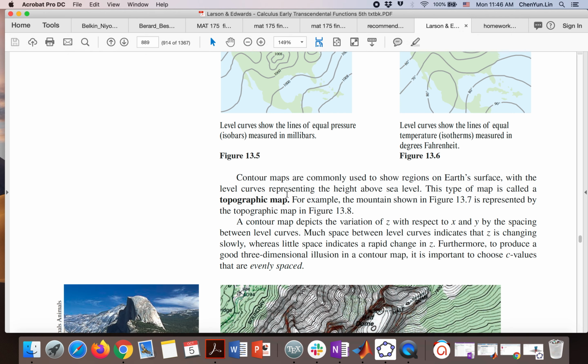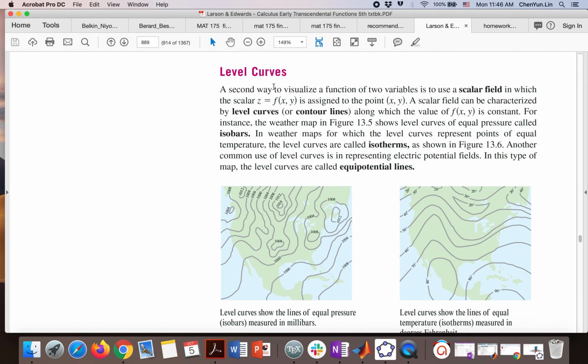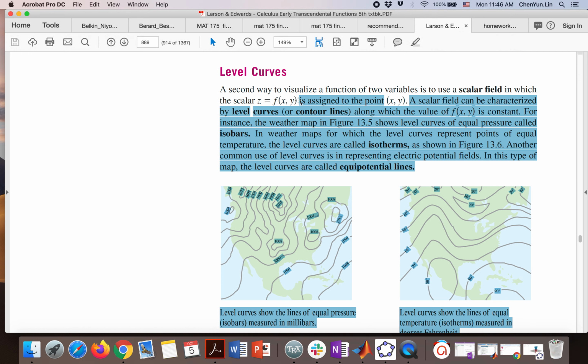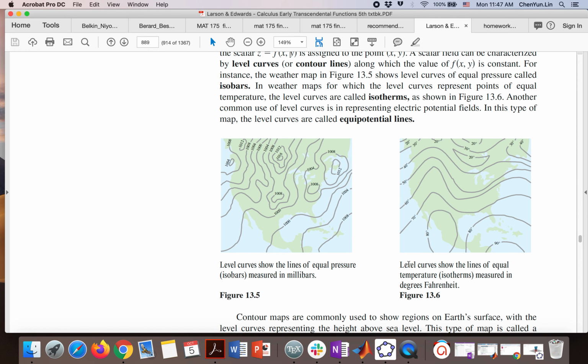Similarly, it depends on the meaning of the function. I could say x, y is the coordinates for position, and the output value means, let's say, temperature. Then I can have level curves show the lines of equal temperature, measured in Fahrenheit, for example.